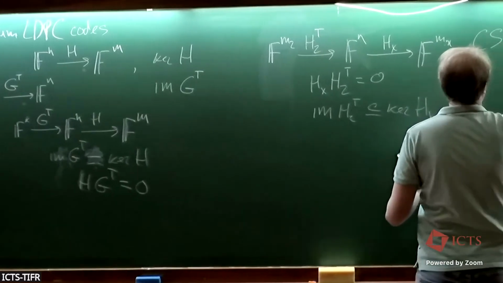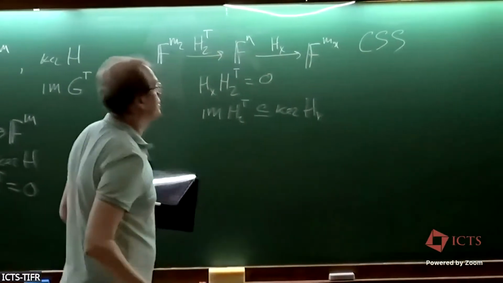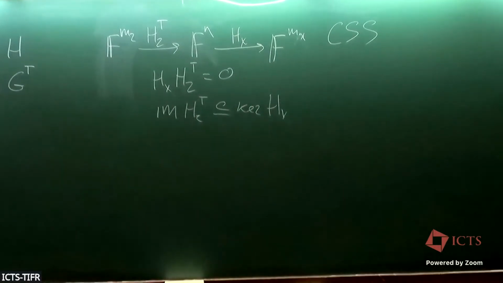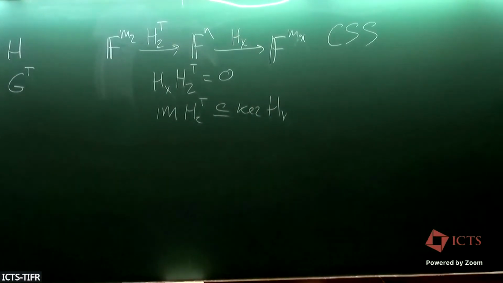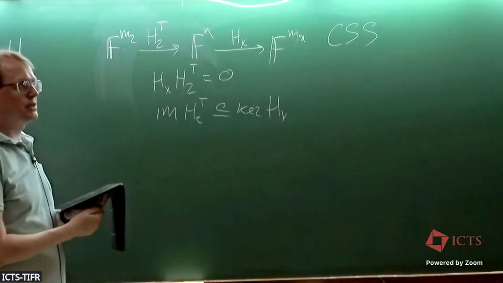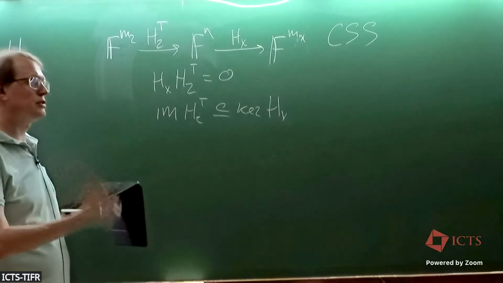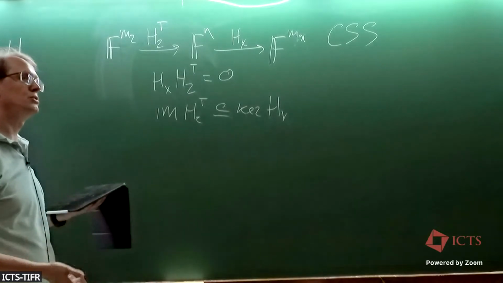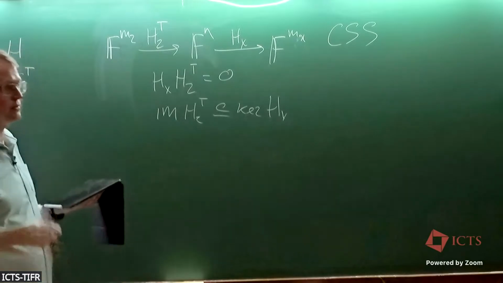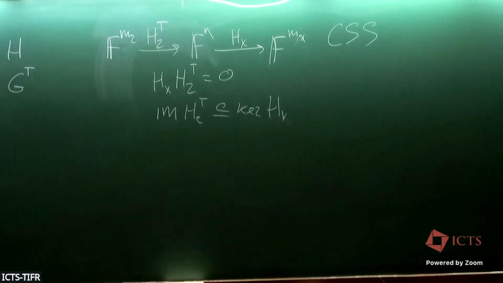CSS code: Calderbank, Shor, Steane. And why are these quantum codes important? They are important because there is a lot of evidence, both theoretical and practical, that you can use such codes to construct fault-tolerant quantum computers. And fault-tolerant quantum computers, of course, are interesting.